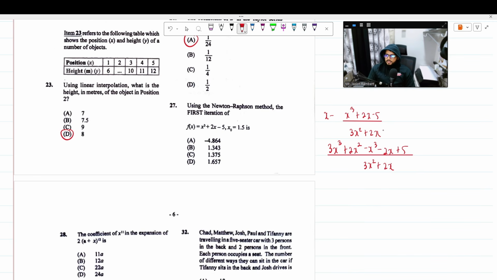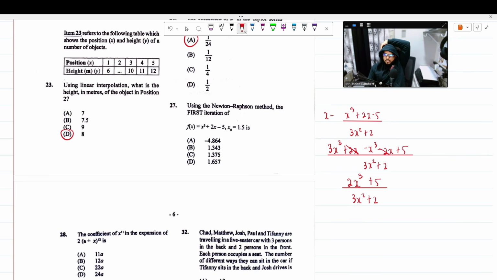Alright, so when I differentiate 2x, I'm supposed to get 2. So it's supposed to be just 2 on the underneath here, right? 3x squared plus 2, good. So 3x cubed minus x cubed is 2x cubed. The 2x minus 2x goes away, plus 5 over 3x squared plus 2. So this is the formula we'll be using.